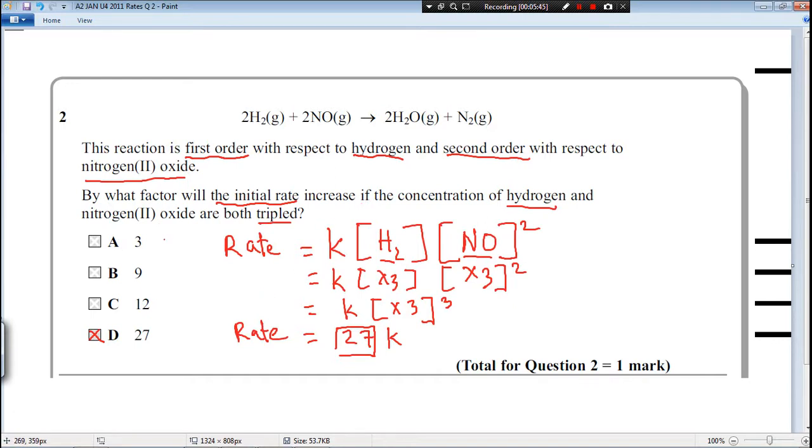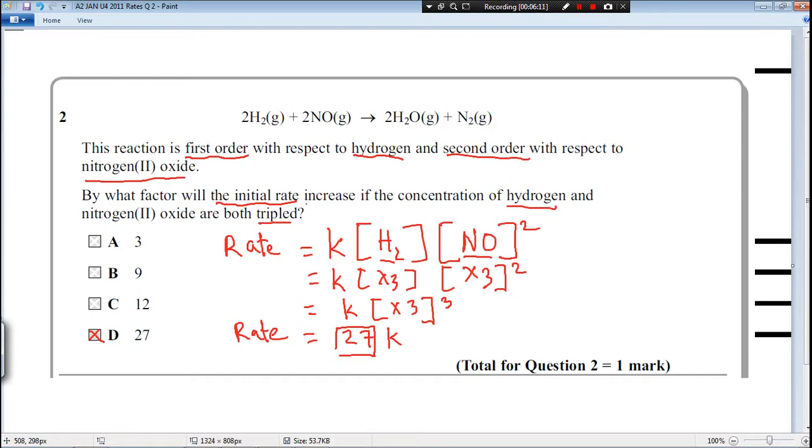Let us once again read this question. By what factor will the initial rate increase if the concentration of hydrogen and nitrogen dioxide are both tripled? They have asked us to find the factor for the initial rate.